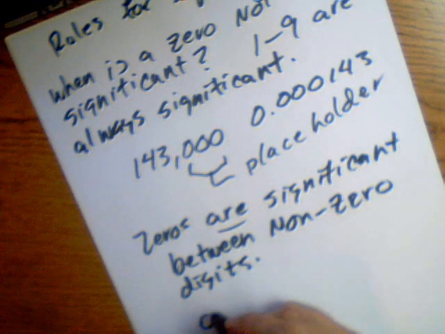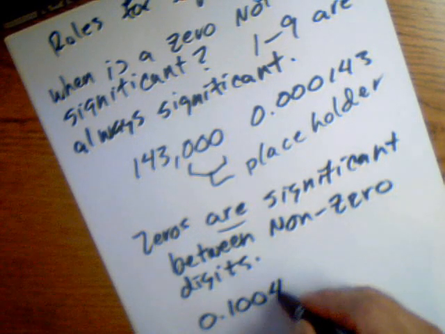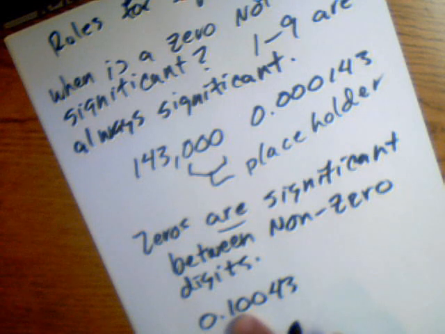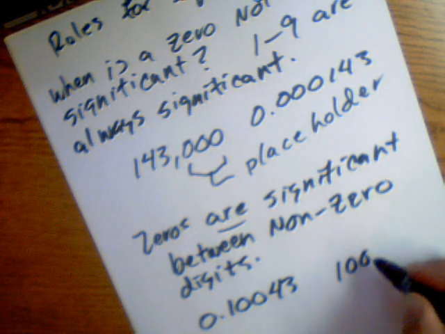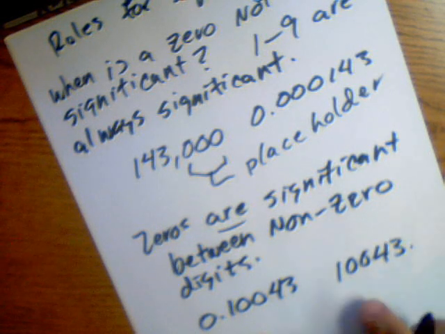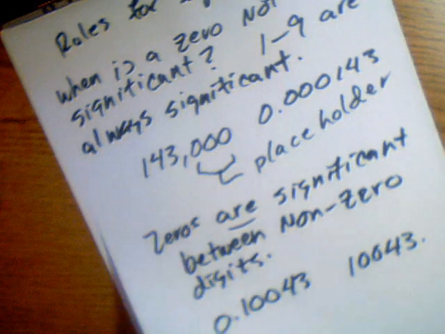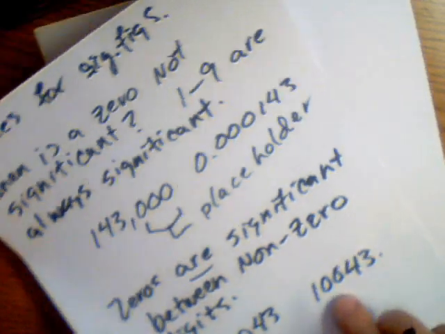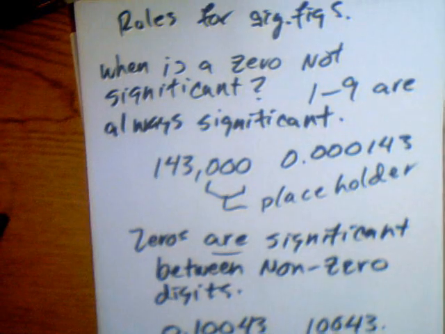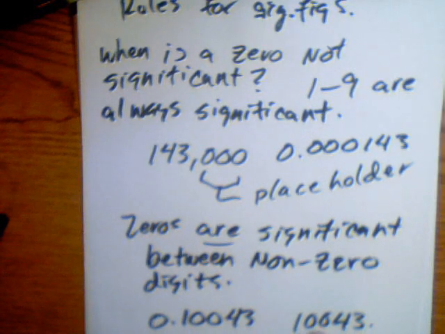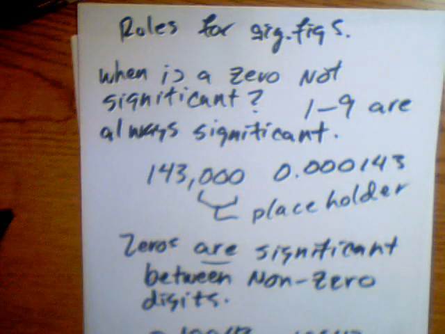So for numbers like here, you would count this as 5 significant figures, because they're between digits. So this indicates that in fact you did measure and come up with 10,043, and that was your exact measurement.